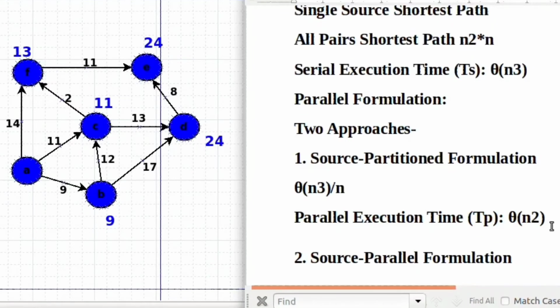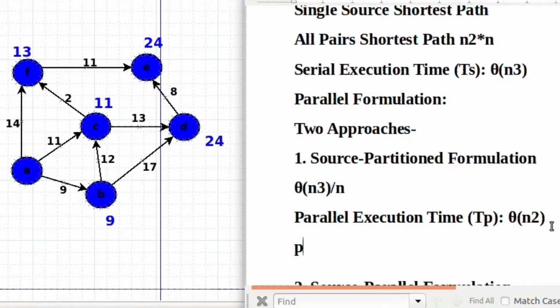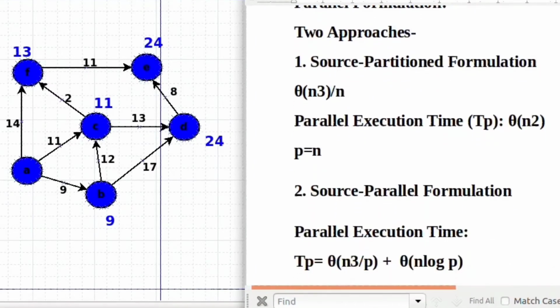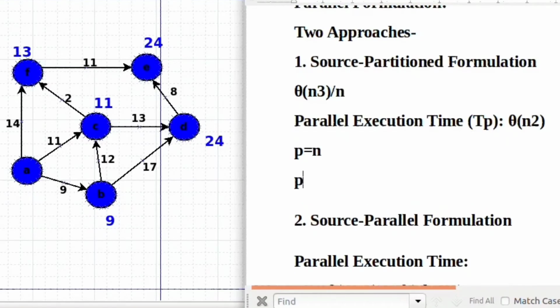Okay, so in this case what we have considered is that the number of processes is equal to the total number of vertices. But what if the number of processes is smaller than the number of vertices? For example, here there are a total of 6 vertices, but suppose we have only 3 processes. How will it work in that situation?